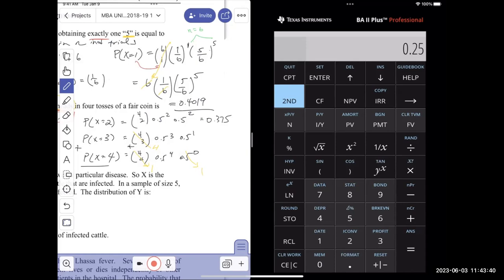Now, you can use Excel to show your results, but if you are a person who likes a challenge, you should be able to do it in all ways. Okay, so 4 times, just double checking, 0.5 to the 3 times 0.5 to the 1. 0.5, and then store that in 2, clear my screen, and then all I have to put is 0.5 to the power 4 and store that in 3.